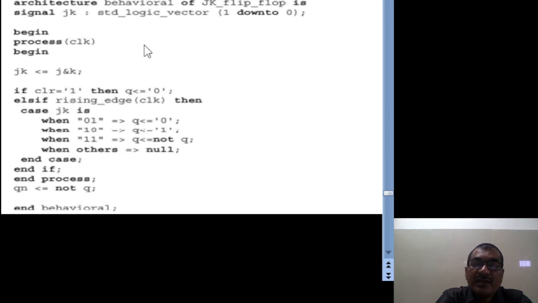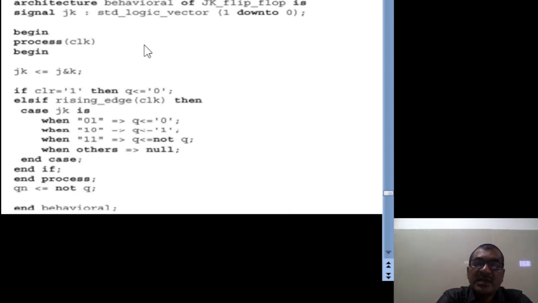In case of 1, 1, toggling action. Toggling means if previously it is in set, now you can expect the reset state, or if previously it is in reset, the expected state is set. So Q equal to not of Q. When others, null, don't do anything. As per the syntax you have to write when others in the case statement. Then finally end case, end if, end process.